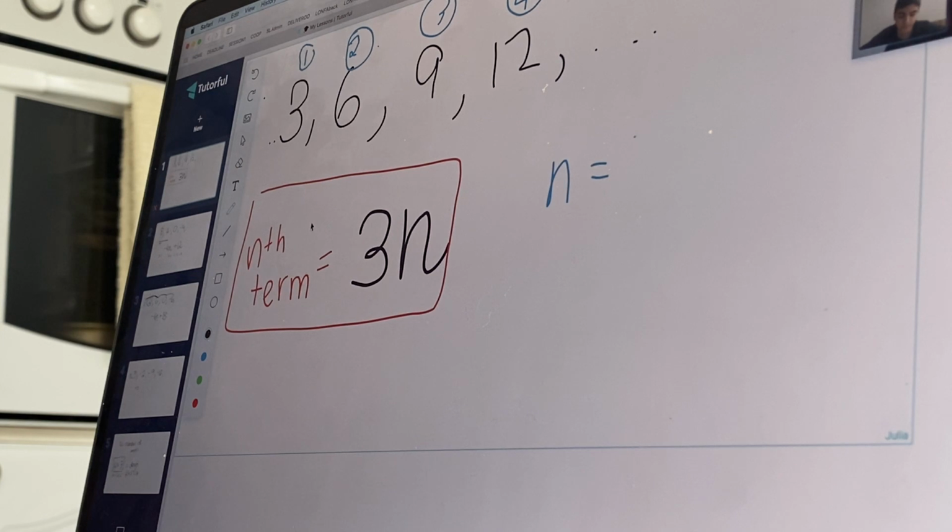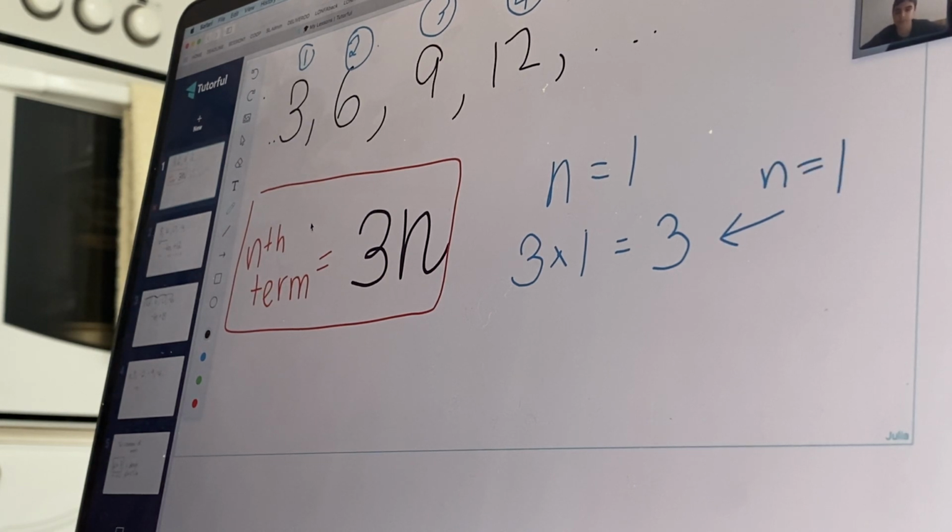So I substitute into the nth term 3, instead of n, I put 1. So I do 3 times 1 equal to 3. And that's the first term, the term where n equals 1.